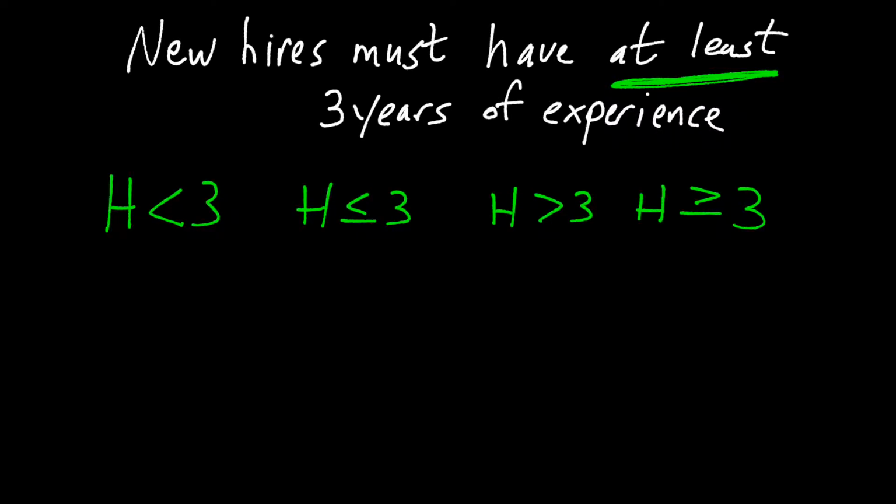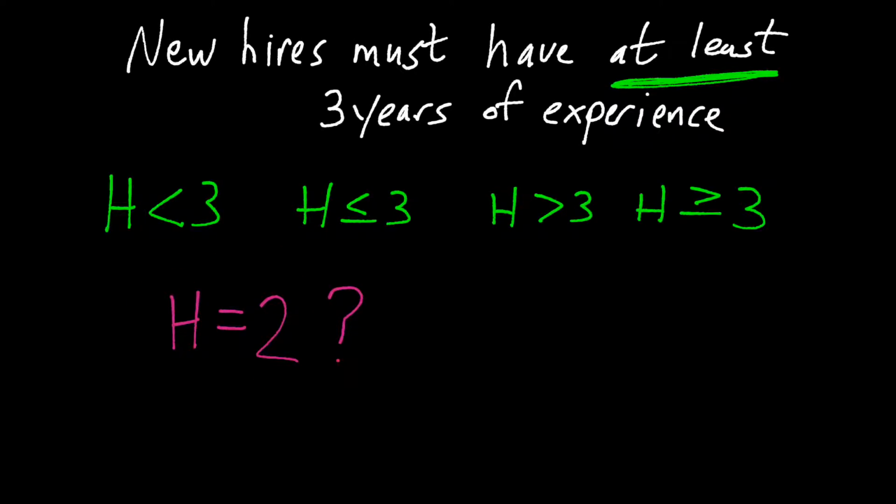So, we want to reread the question and make sure we understand it. That is always huge when it comes to word problems. New hires must have at least 3 years of experience. So ask yourself, does that mean that H can equal 2? If they have to have at least 3, they can't have 2.